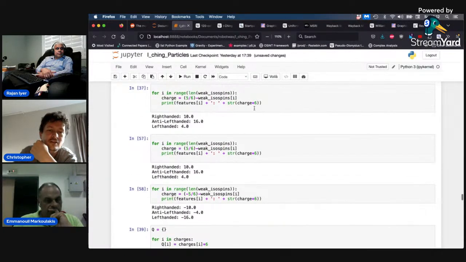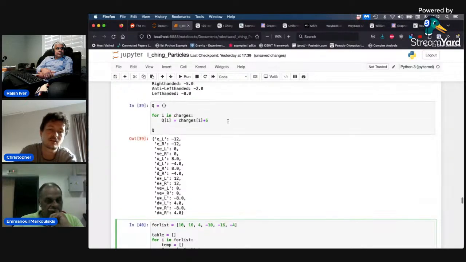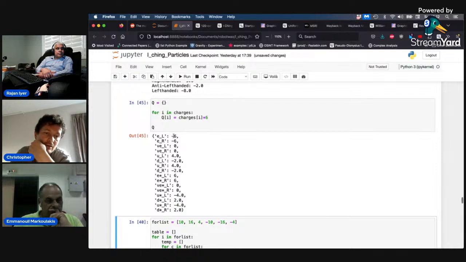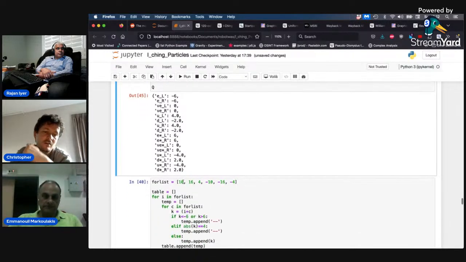Okay, so let's just run this first. So we get 5, 8, and 2. And then, okay, right, so it's just half. So the electron now is -6. The up is 4, down is -2. Okay, so that's fine.